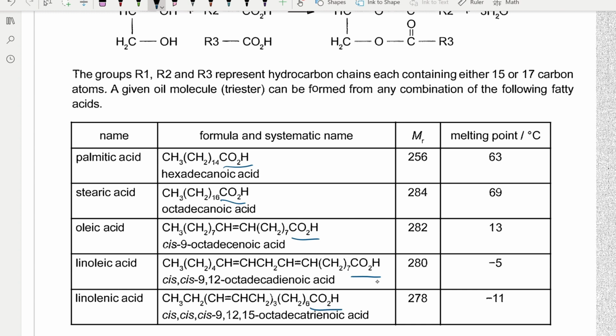And palmitic acid and stearic acid don't have C double bond C. So these are saturated, whereas the other 3 are unsaturated because they have C double bond C. And the melting points of saturated fatty acids are higher or much higher than the unsaturated fatty acids.